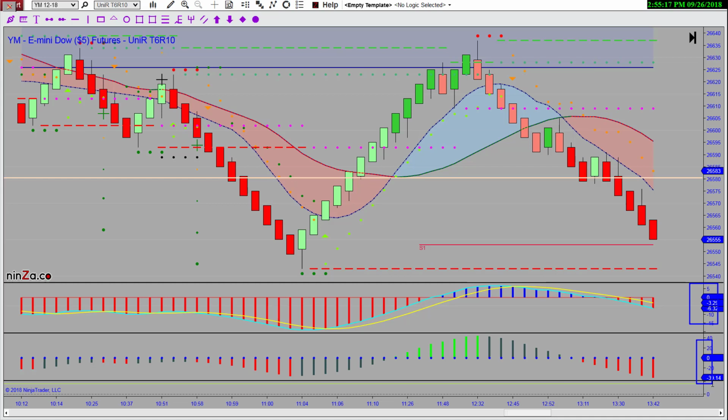One of the factors is, what's your Unirenko setting? The other is, what instrument are you trading? The Dow, in this case. The NASDAQ will have the highest numbers. The next highest numbers will be Russell, and the lowest numbers will be the Dow in the one-side trade.